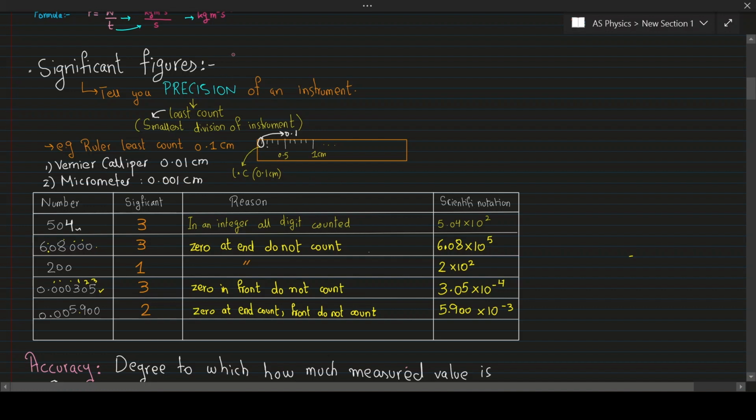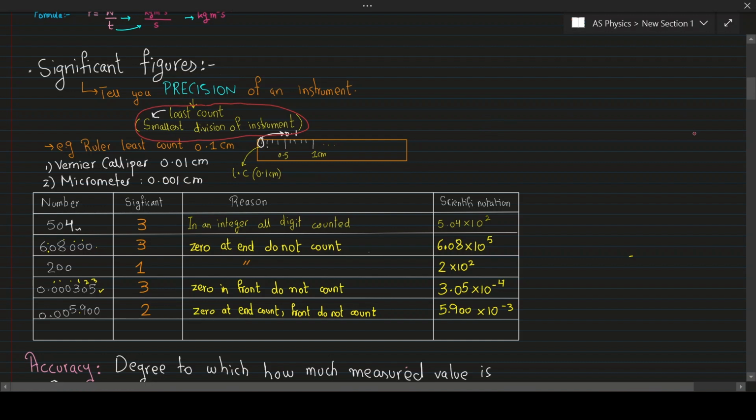Now the next topic is the significant figures. The significant figures tell you the precision of an instrument. Now what is precision? Precision is the least count, that is the smallest division of an instrument.